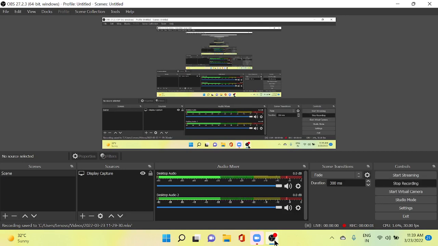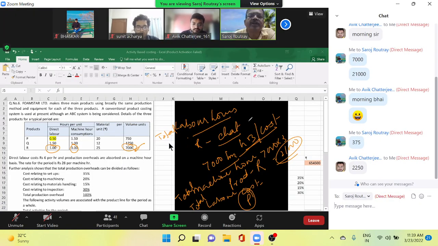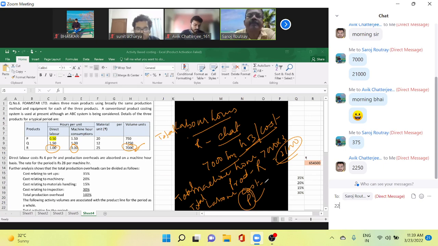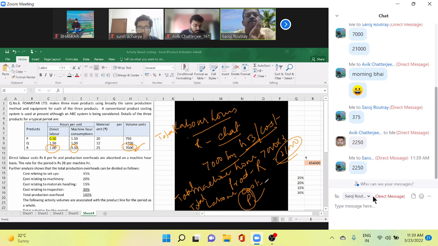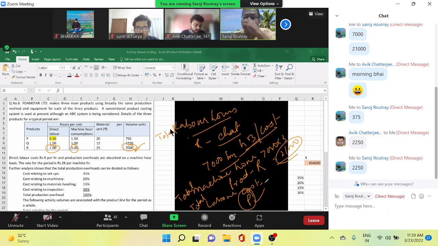Product cost. Shivani, check it once again. P for product P. Yes, yes. Avik is correct. Sambita is correct. Aliva is correct. Sunit Acharya is correct. Chandita, I am asking the cost.